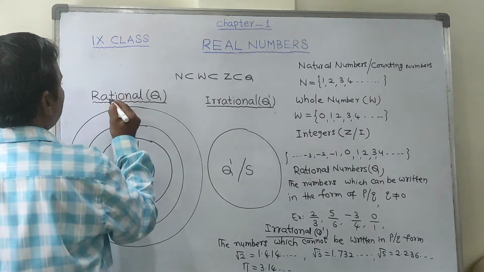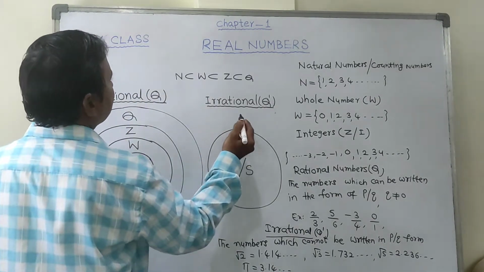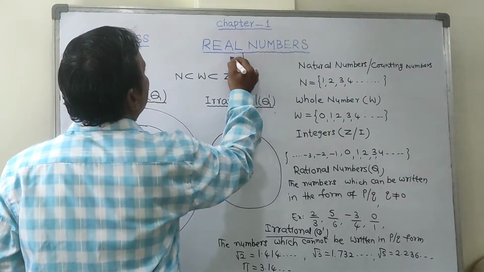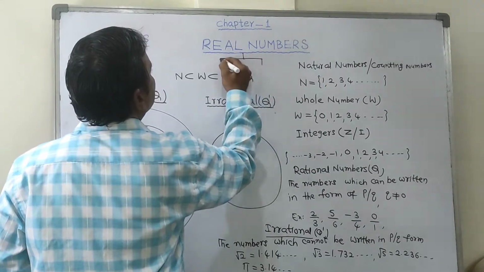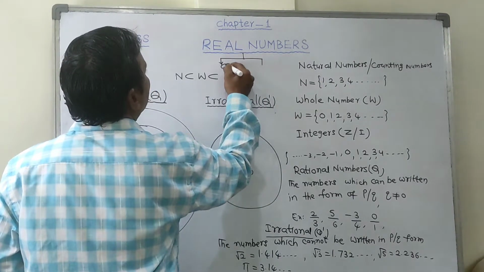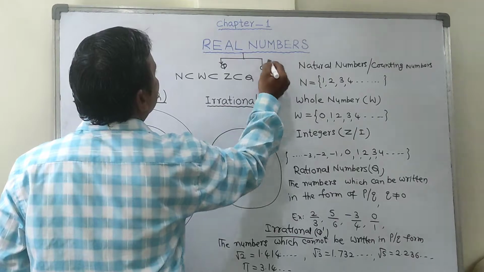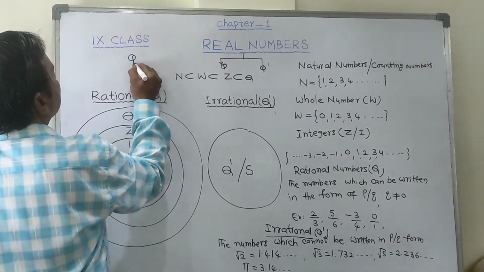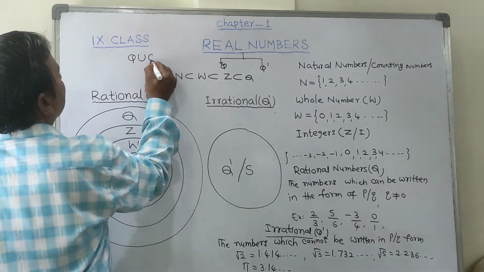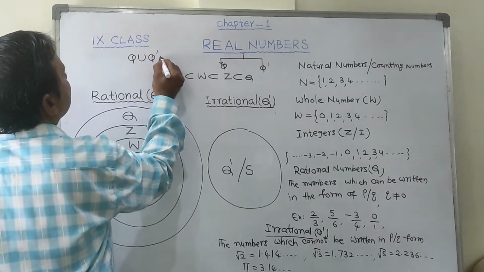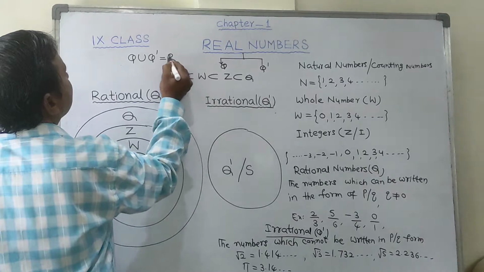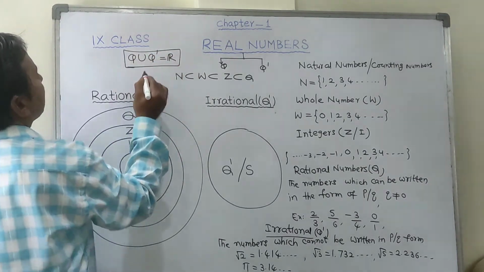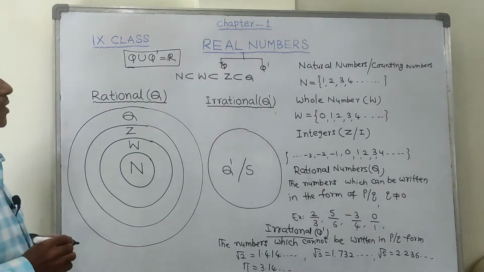So the combination of rational numbers and irrational numbers put together are real numbers. Real numbers are nothing but the union of rational and irrational numbers.